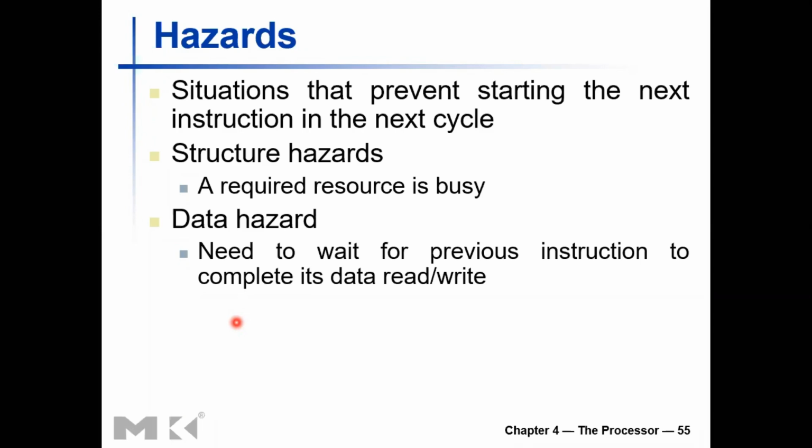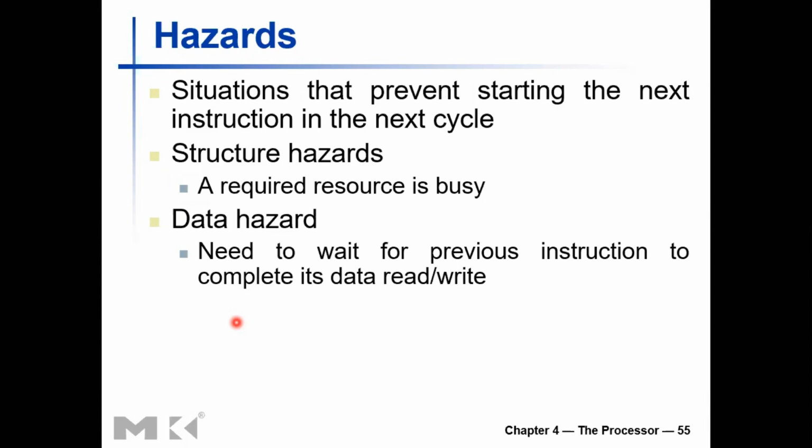If we do the current data reading or writing, there may be data corrupted. We may be reading wrong values, so we may be corrupting values for the future. Such situations are called data hazards. We can't fetch the next instruction because if we fetch it now, that might lead to data corruption, right? So that is a data hazard.